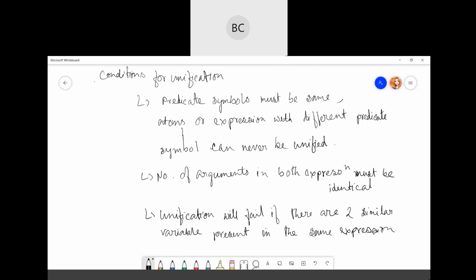So these are the conditions. I will not explain the algorithm; I can give you the algorithm and notes, and you can just check it.